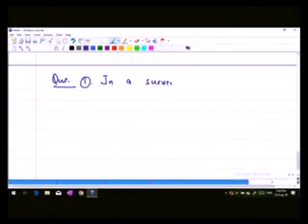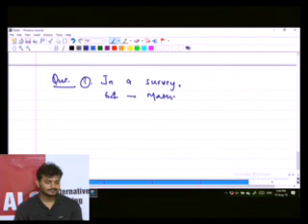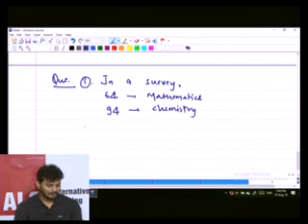Problem 1 is, in a survey of university students, we have got a total of 64 who had taken mathematics course, 94 had taken chemistry, and 58 had taken physics.